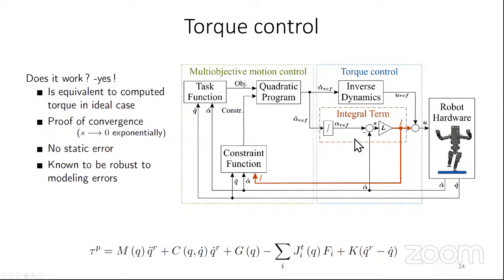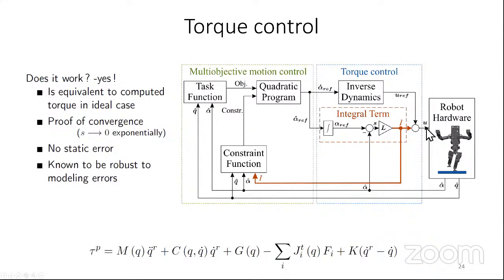We integrate it and get the error in velocity between the integral of this reference acceleration and the current velocity obtained from the robot. And this integral term allows us to correct for errors in the just computed torque.